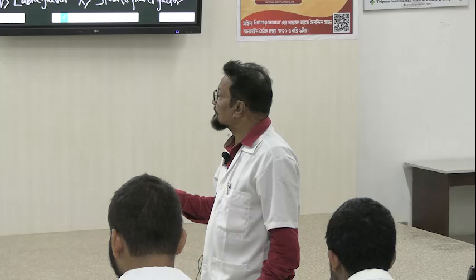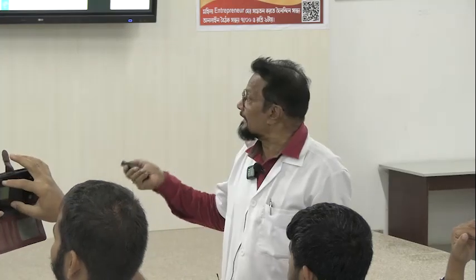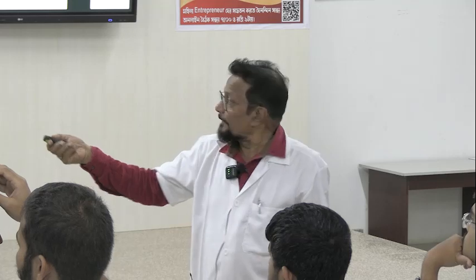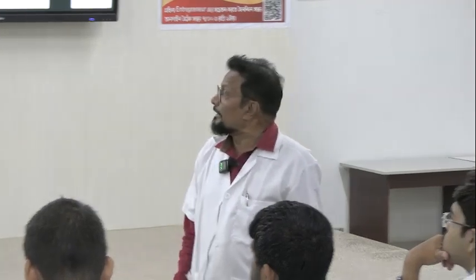This is transformed into this, and now factor 9 will take part next. So 9 will be converted into 9A by the previous enzyme. Here it will require the presence of calcium ions. When we take out our blood, if we don't want the blood to be coagulated, then we add some anticoagulant, for example oxalate.